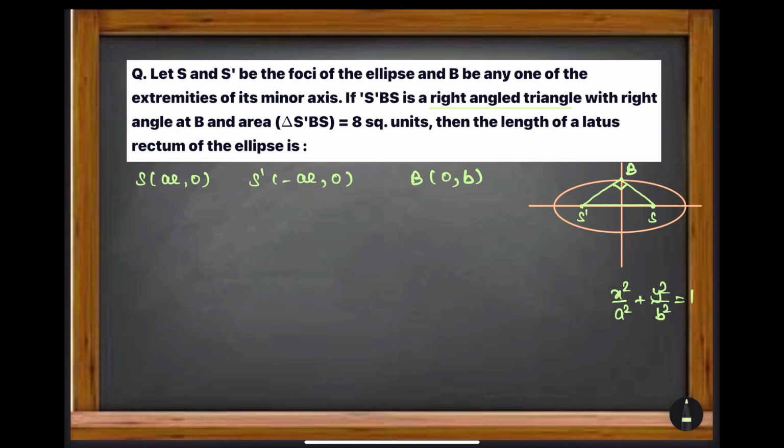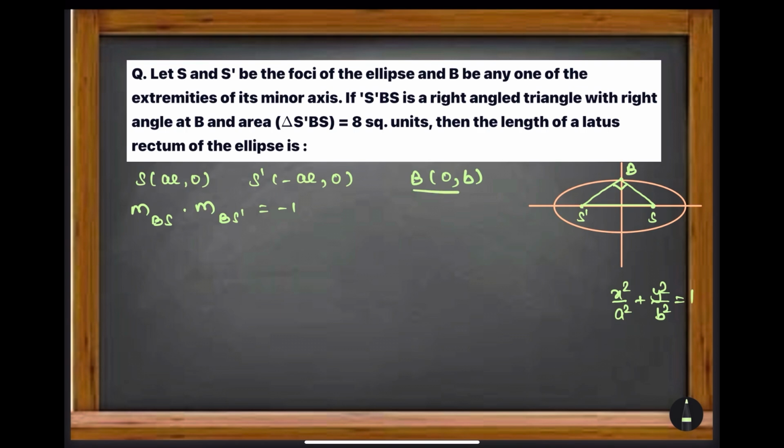First, they have provided you one situation, that it is a right angle triangle. So can I say that the slope of BS into the slope of BS dash will be equal to minus 1? We have three variables a, b and e, so you have to solve everything. How will we find the slope of BS?